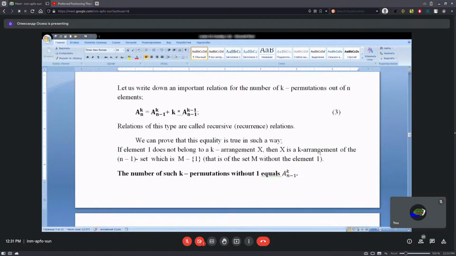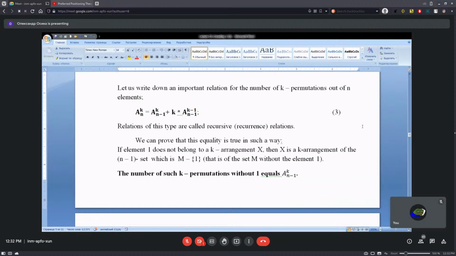Well, we can prove this equality using just our basic rules of sum and product.